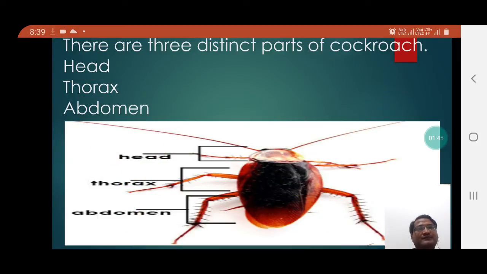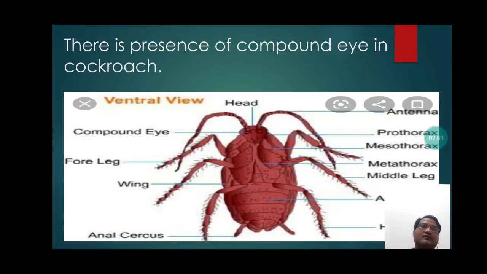So students, the three most important parts of cockroach which you can see are head, thorax and abdomen. There is presence of compound eye in cockroach.